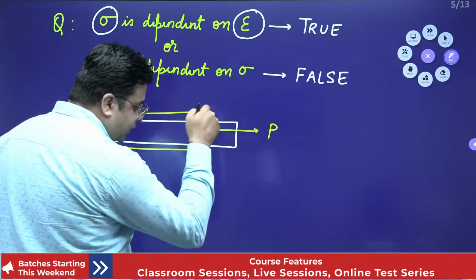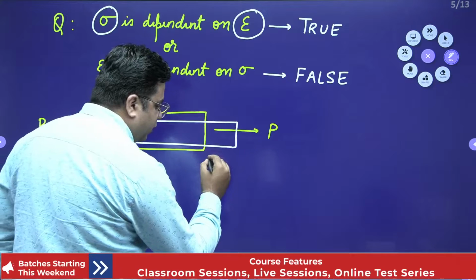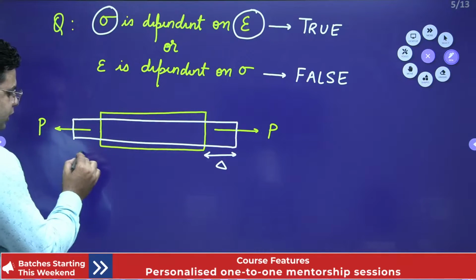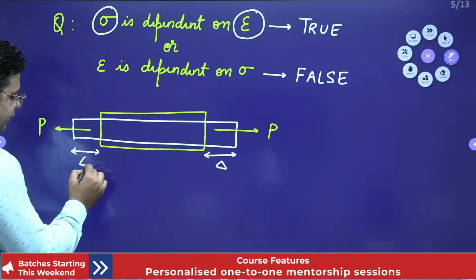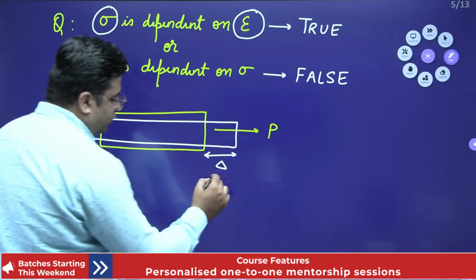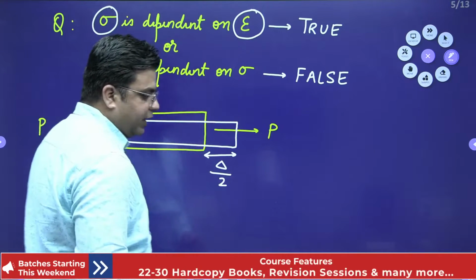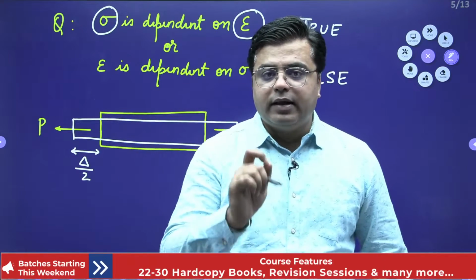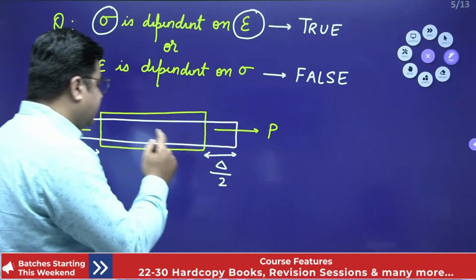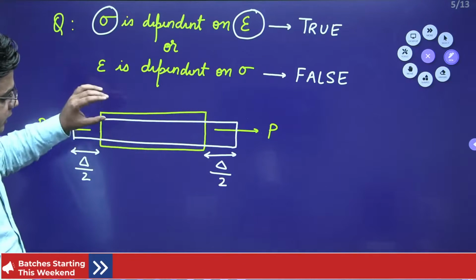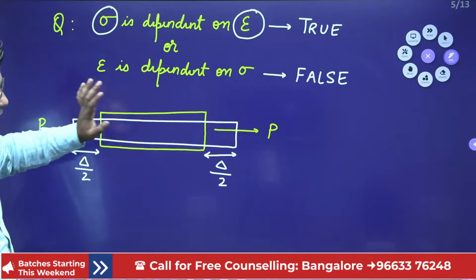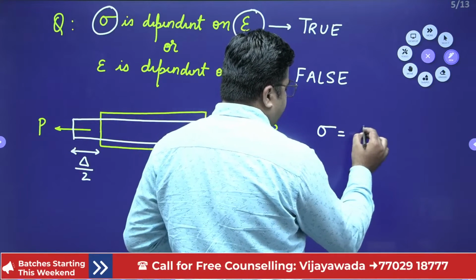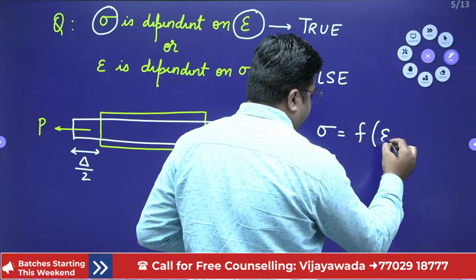In order to resist this deformation delta, this body will produce internal resisting force. And this internal resisting force per unit area is termed as stress. So your stress will be the function of strain.